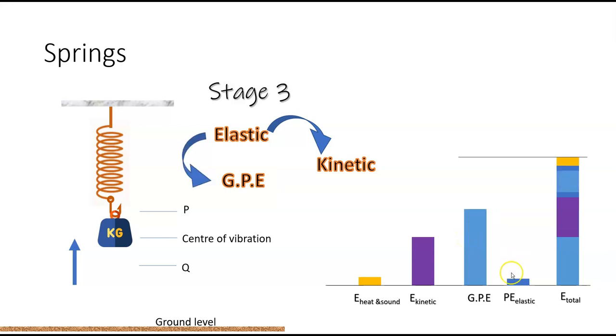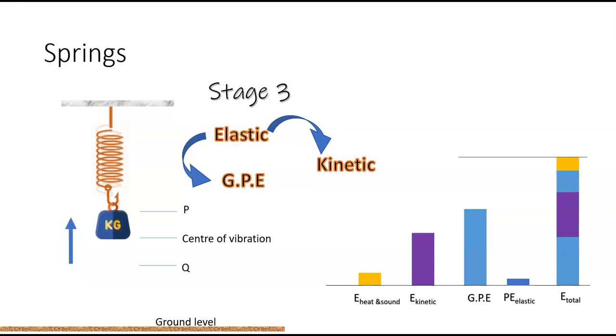This means that some of the elastic potential energies are converted to gravitational potential energy. Again, some energies are lost to the surrounding as sound and heat. As the weight moves up to the center of vibration, the kinetic energy reaches its maximum while elastic potential energy is reduced to zero.